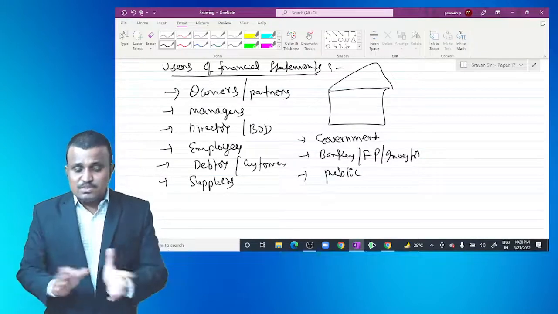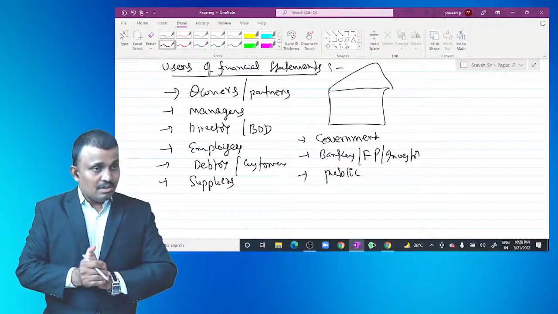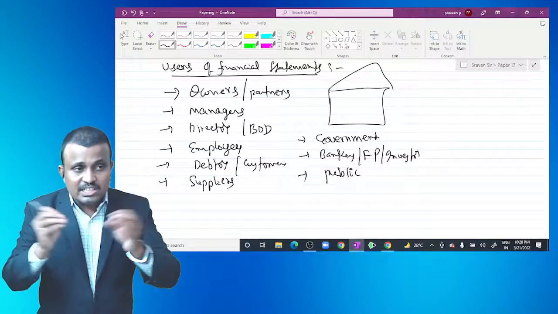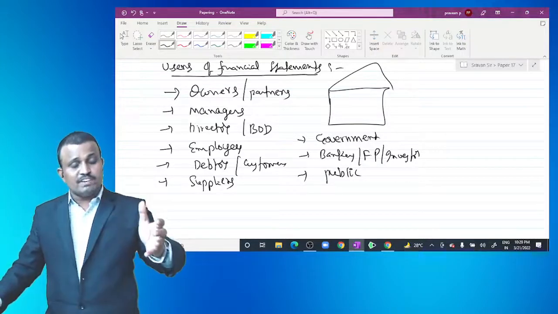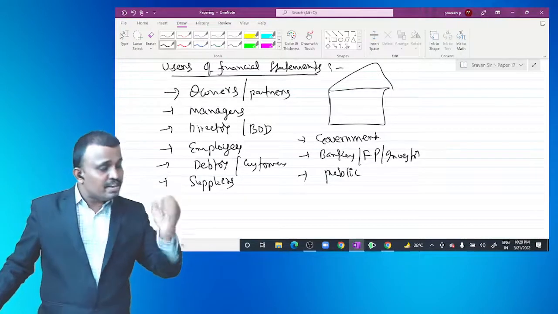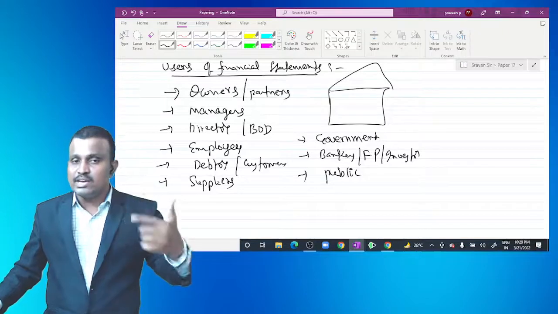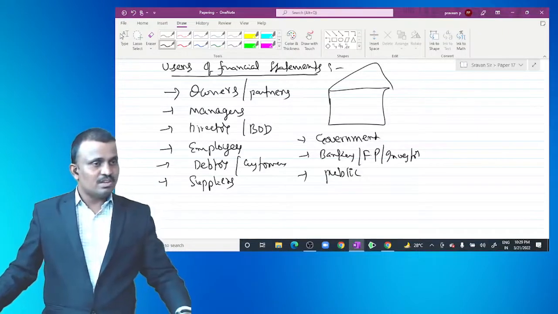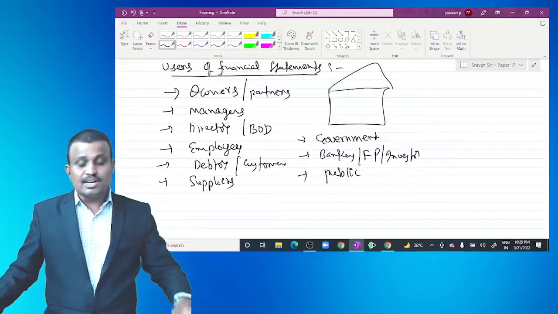So everybody needs the financial information, but everybody requires different financial information. So we have to report that financial information in such a way that it is useful to each and every person who deals with the business in day-to-day business operations. That's why we need reporting.